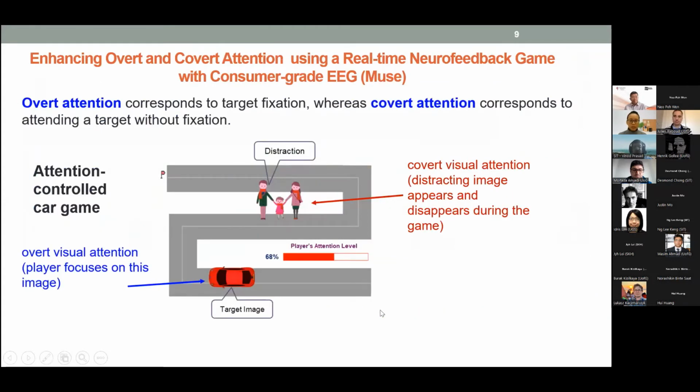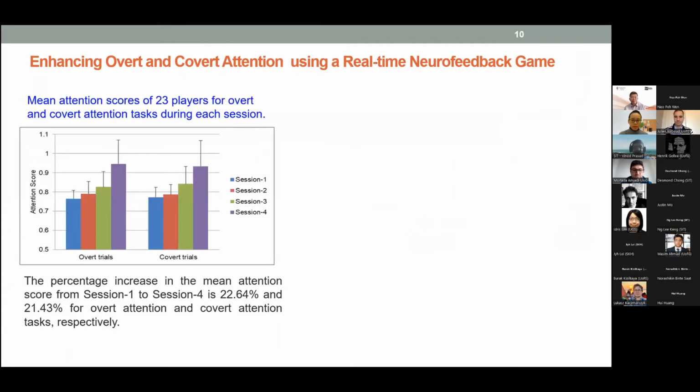Now, we also introduced some distractions during the game to measure how covert attention, which is an attention without fixating the gaze, affects the actual attention. And we did some studies. So these are some of the results. The first set of graphs, you can see overt trials, which means attention when the gaze is fixated onto the task, on the particular spot. So you can see that the attention score improves over different trials in both overt and covert trials.